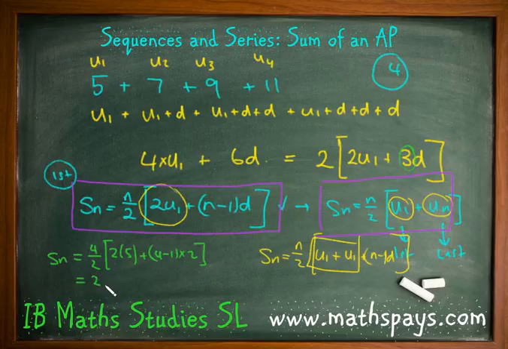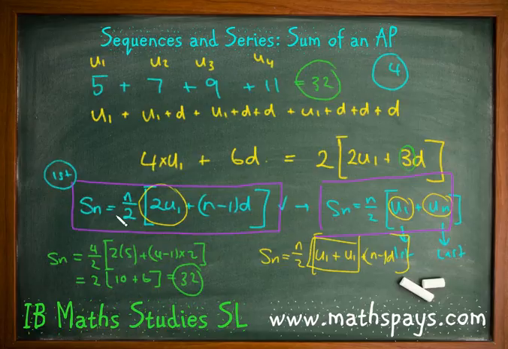That's 2 times 10 plus 3 times 2, which is 6. That's 16, times 2 equals 32. And if I add this together, 5 plus 7 is 12, plus 9 is 21, plus 11 is 32. We can see that they're the same.